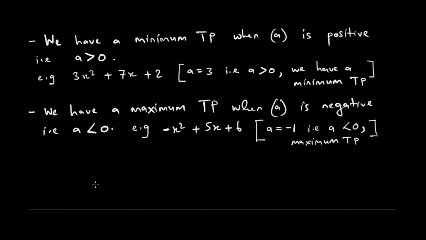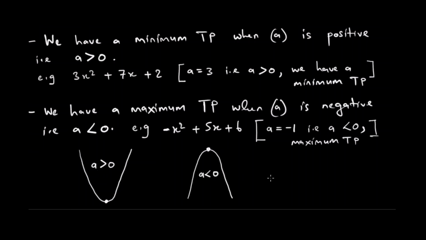And when we talk of turning points, ino-ish inenge iri pasi ndo inonzi minimum turning point, and inoitika kana a ari greater than 0, then inenge iri kumusoro inonzi maximum turning point, inoitika kana a ari less than 0.